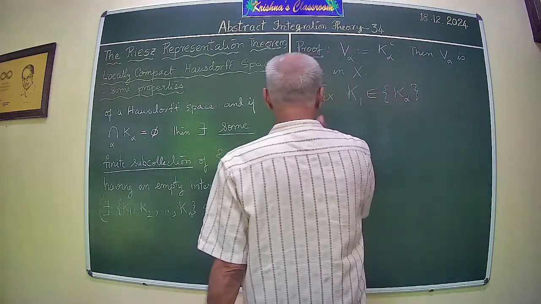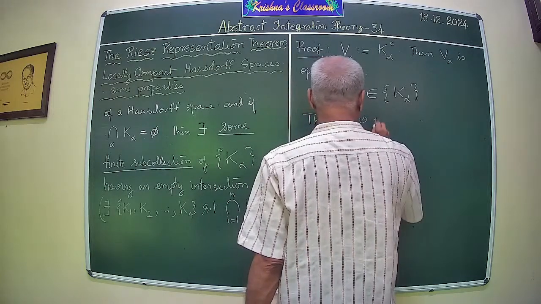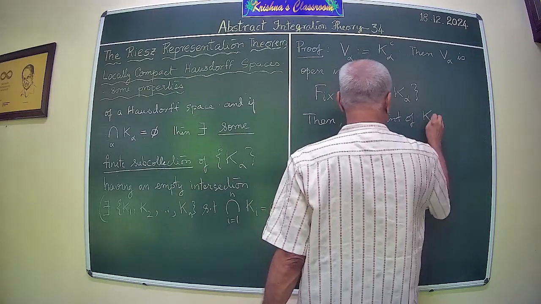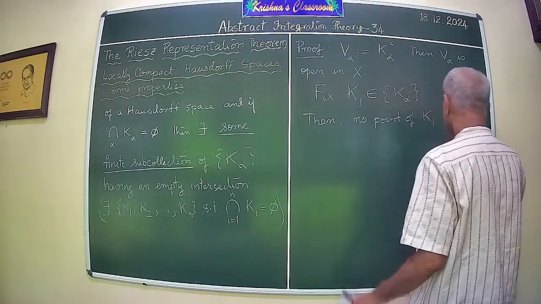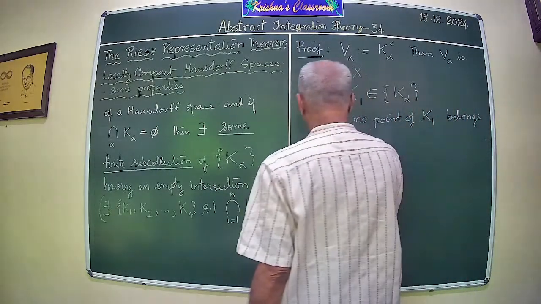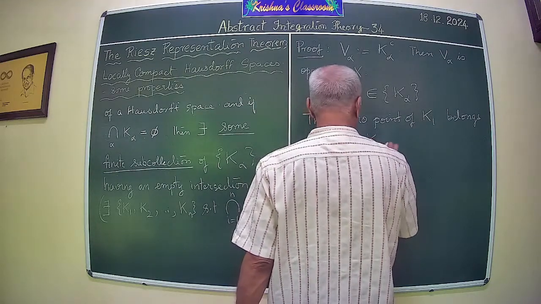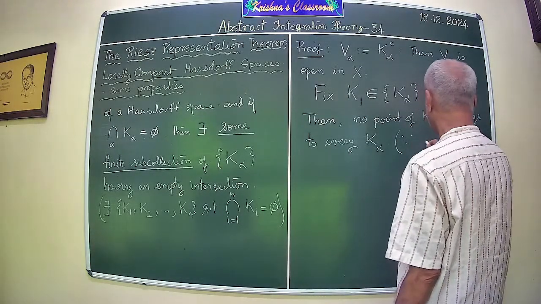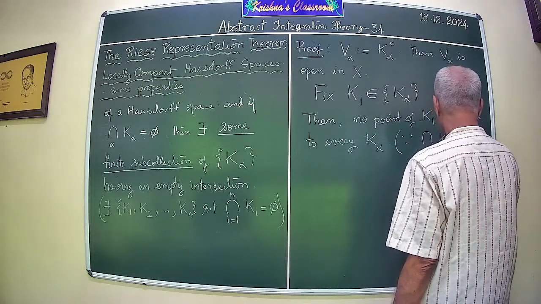Then no point of K1 belongs to every K alpha. Why? Because the intersection is empty.